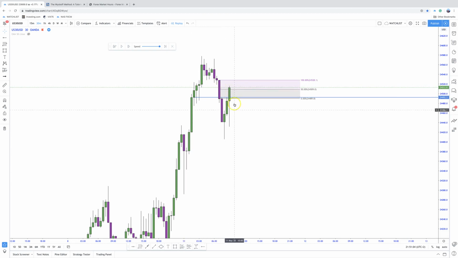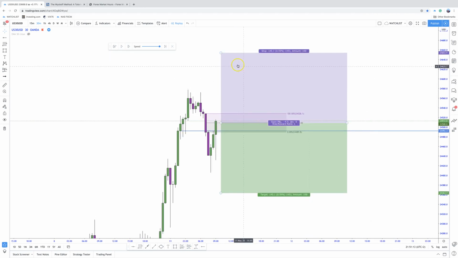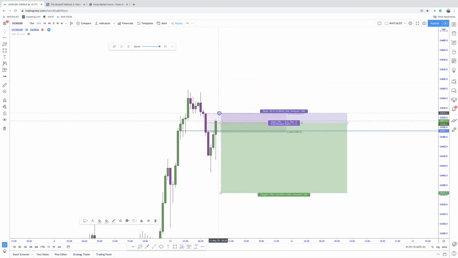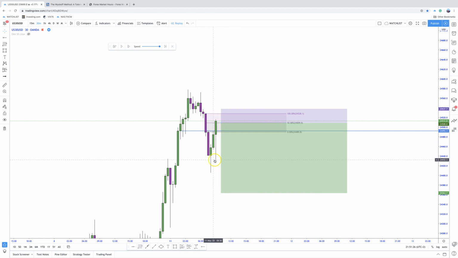So if I set my sell over there for London, I go short, right? I put my stops above this last high, or that last wick over there, which is about 28 pips.